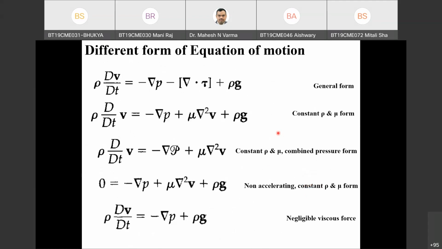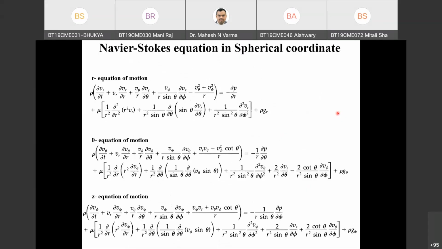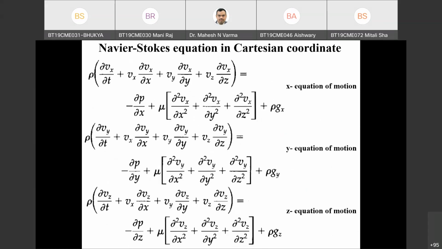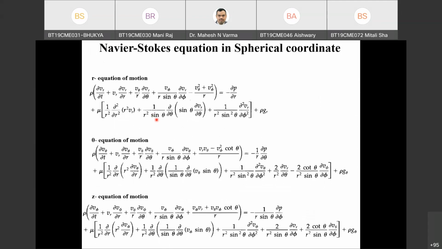Most importantly, you need not remember all 45 equations. Here I am showing only 9 equations. These 9 equations represent this one equation. So if you remember only this one equation, and the definition of del for the cylindrical, spherical, and Cartesian coordinates and its operation, then you can get back all these 9 equations.